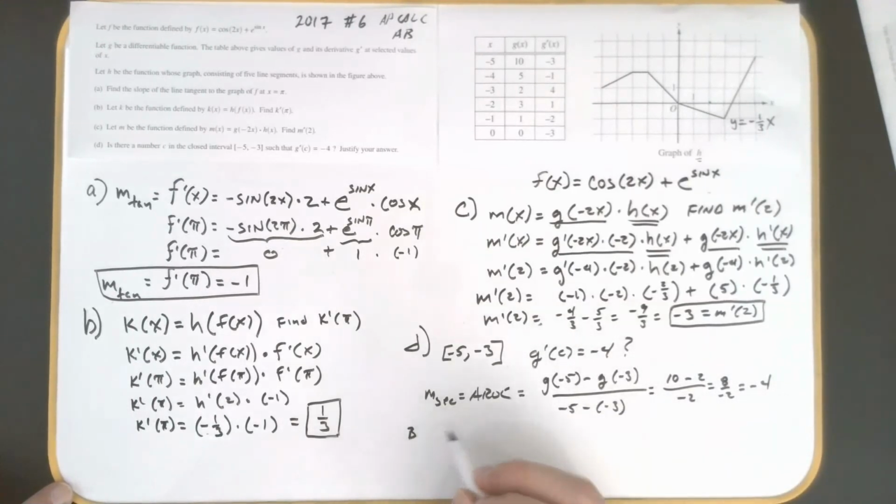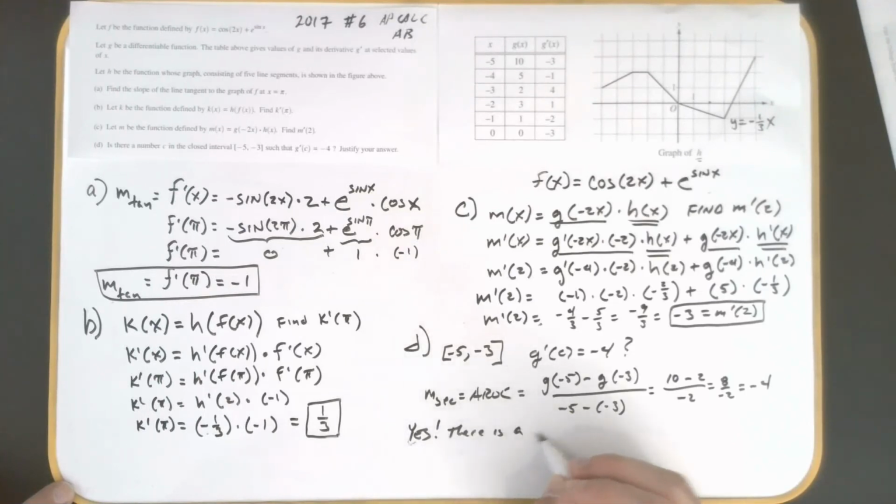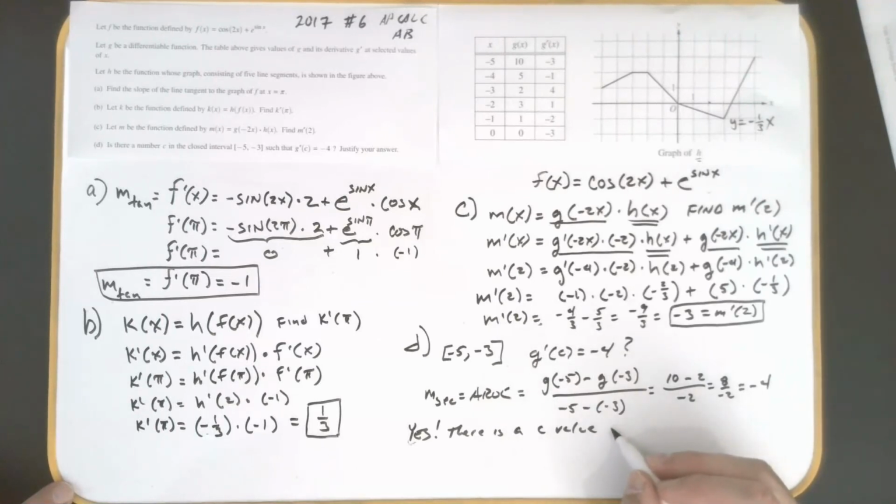So what we would say is, we'd actually answer the question: yes, there is a c value, -5 less than c less than -3. That's a c right there.